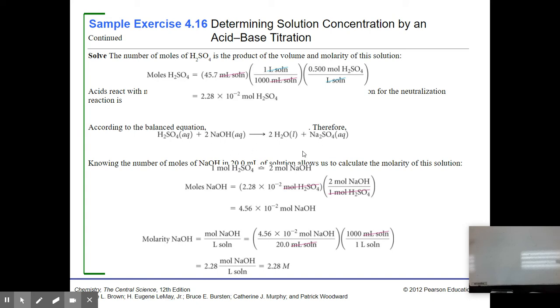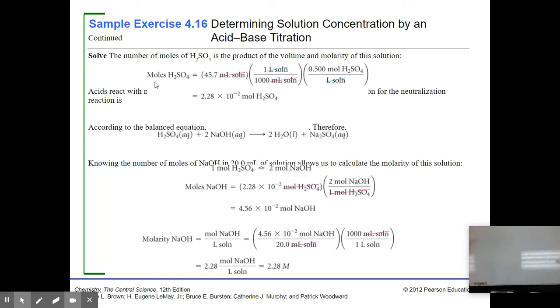What we do know is how much volume and what concentration of the sulfuric acid was used. And so again, we can use the molarity equation, solve for moles.